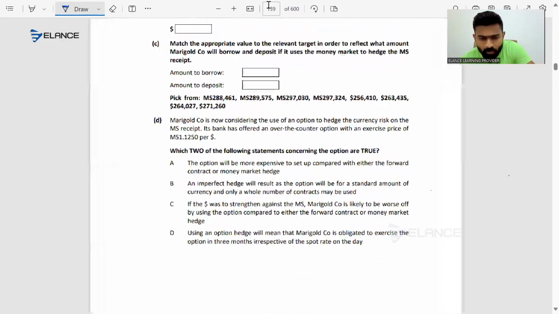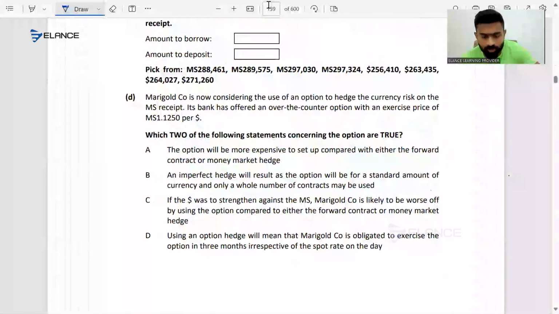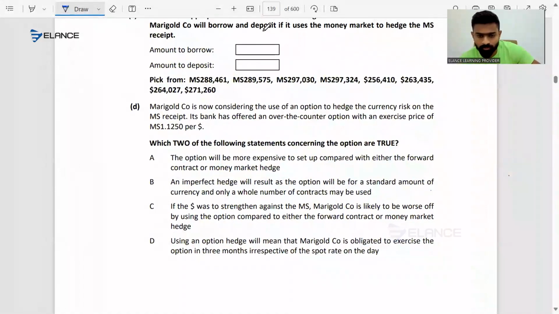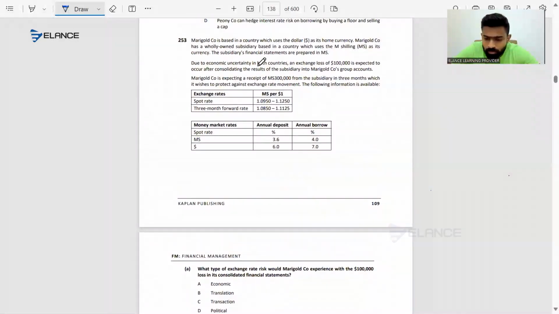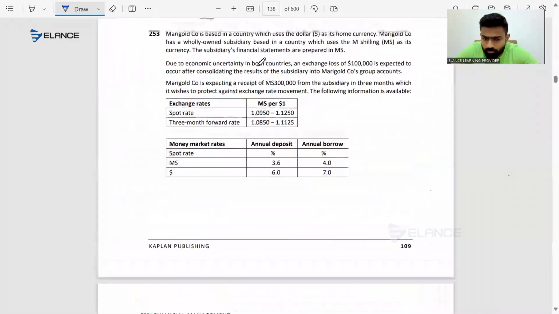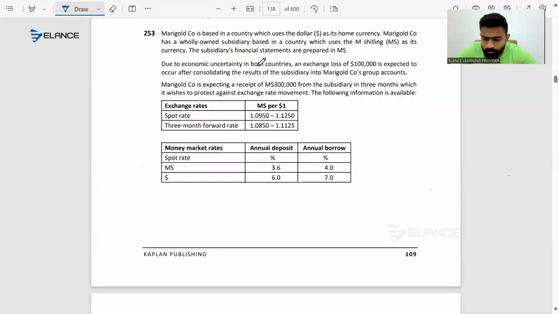Could you please take page number 139? In my exam, it is 139. I don't know your version. You might have the latest one or the older one. Do you have this question with you? It's a Marigold question. Could you please confirm? Definitely, it's somewhere near 139.